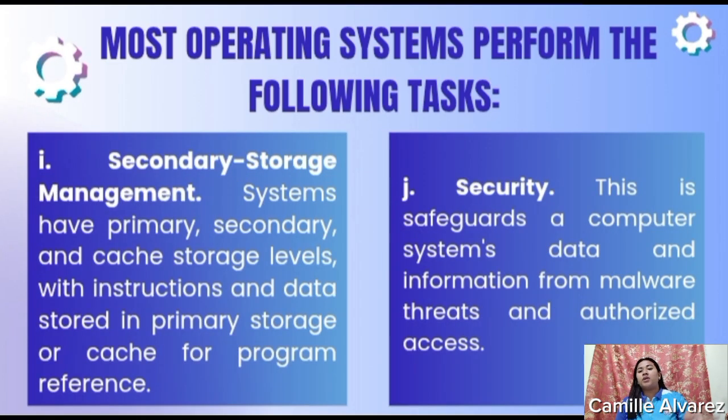Next is secondary storage management. It is the process of organizing and controlling access to data stored on secondary storage devices. The goal of secondary storage is to retain data until it is overwritten or deleted. It is used to store non-critical data that doesn't need to be accessed frequently, unlike primary storage.